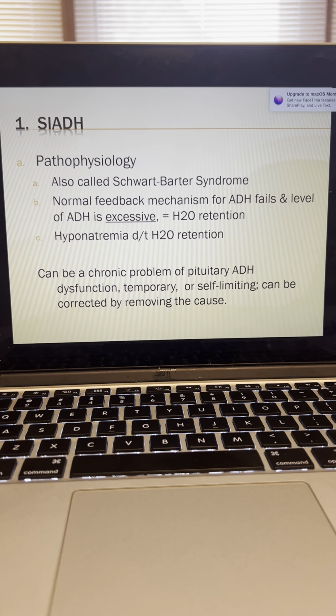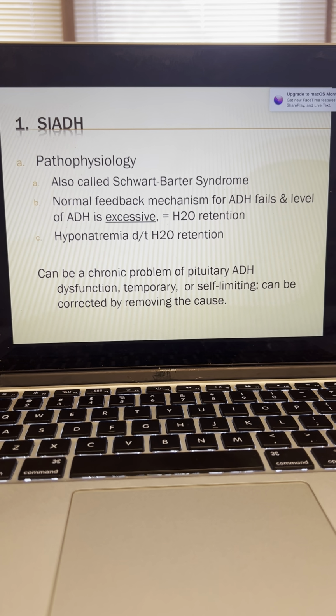The normal response to a decrease in your serum osmolality is to decrease the secretion of ADH. In SIADH, that normal feedback mechanism for antidiuretic hormone fails, and the level of antidiuretic hormone is sustained or is excessive, causing excessive water retention in the body.